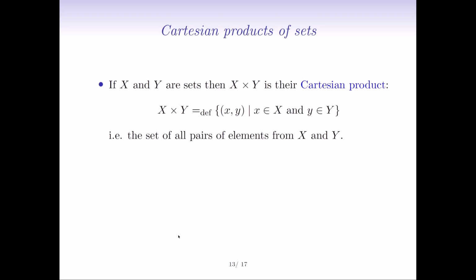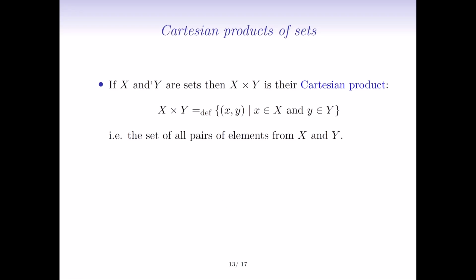So in order to give the interpretation of a first order structure, we're going to need two main concepts from set theory, and the first is the so-called Cartesian product of sets. Here's the definition of the Cartesian product of two sets.